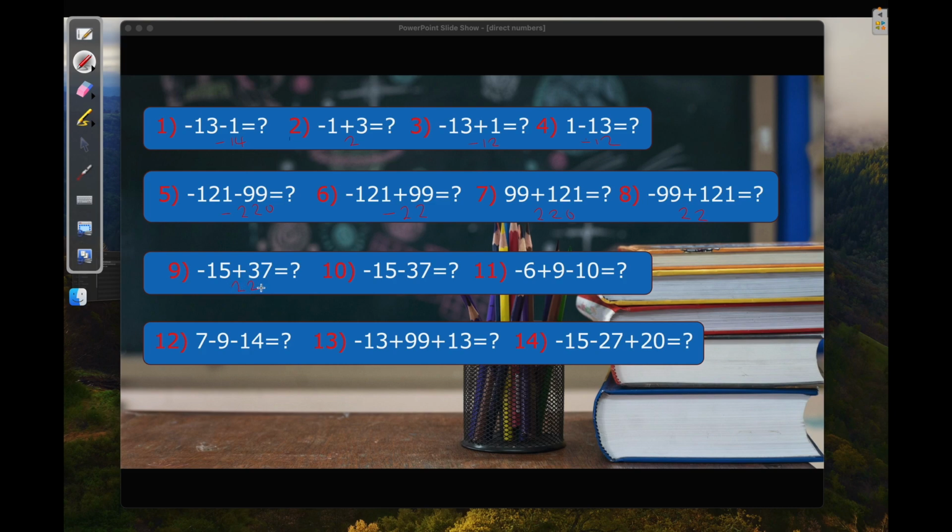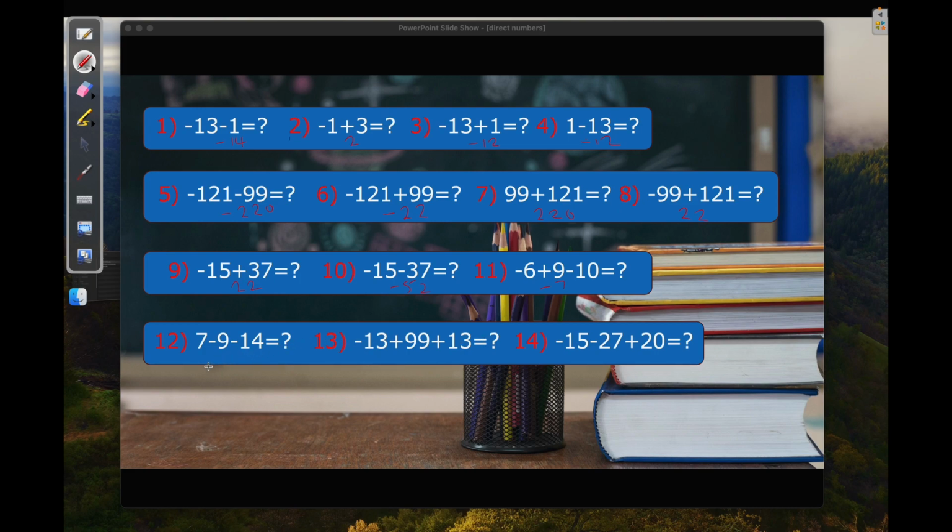Here we also have 22. Minus 15 minus 27, this one here we have minus 52. And then we have minus 6 plus 9 minus 10. We will have minus 7.